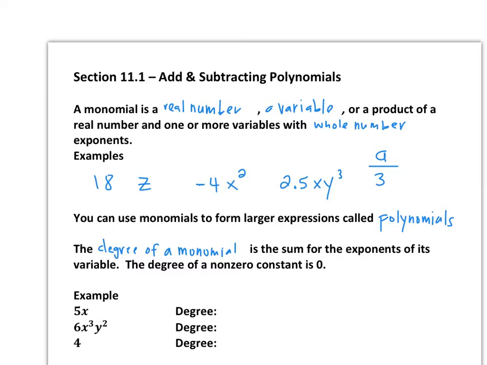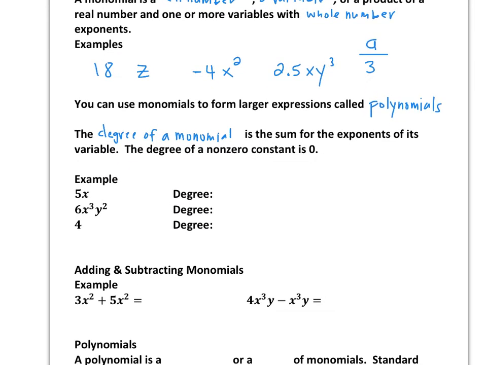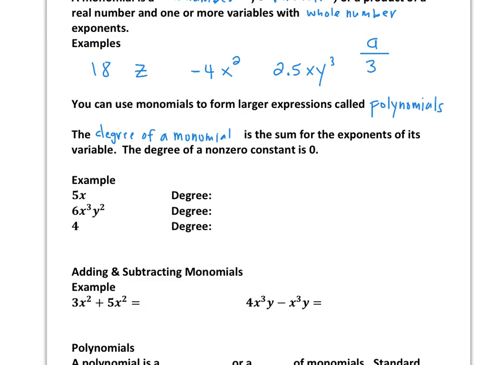All right, so some examples of this. So 5x. Well, we know the exponent on the x is a 1. So the degree of that monomial, 5x is a monomial, is the sum of the exponents of its variable. So the degree here is 1. All right, 6x cubed y squared.